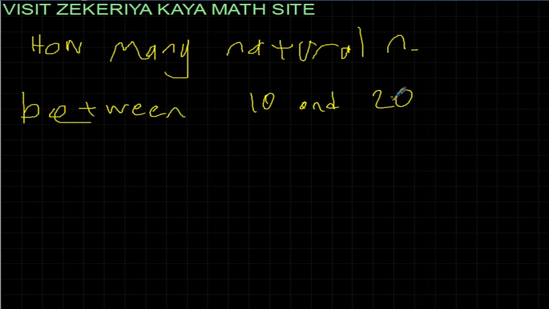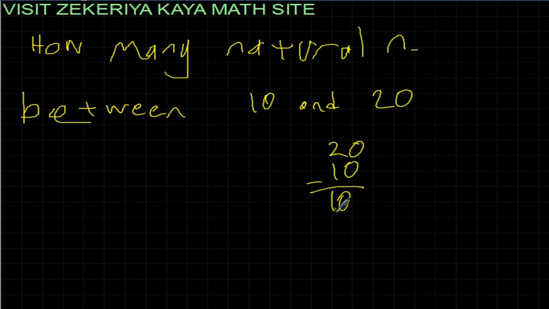remember that when I ask this kind of questions, you subtract smaller from bigger, it makes 10. Look at that. When you subtract the smaller one from bigger, you also count the number 20. But we are looking for between 10 and 20.